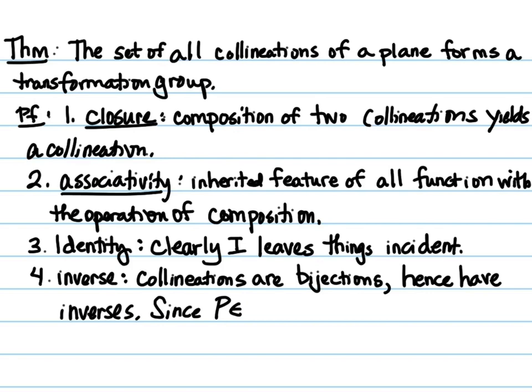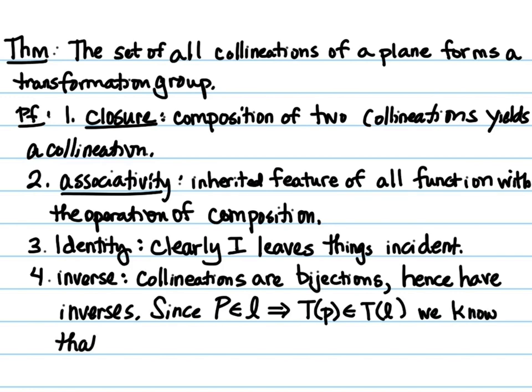Since the point on the line L results in a transformed point on the transformed line, we know that the inverse transformation acting upon the transformation itself will result in the inverse transformation to the line, acting on the transformation to the line.